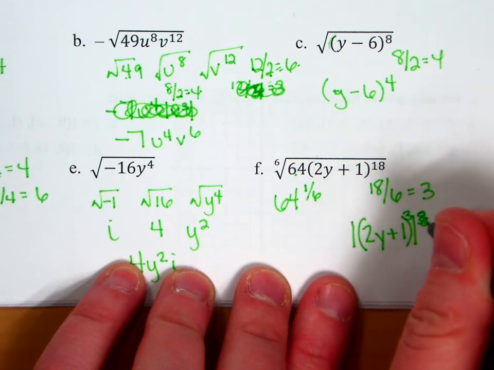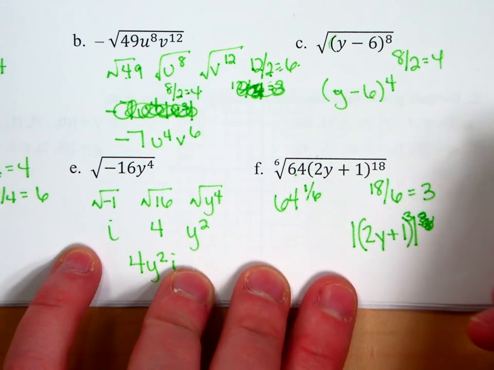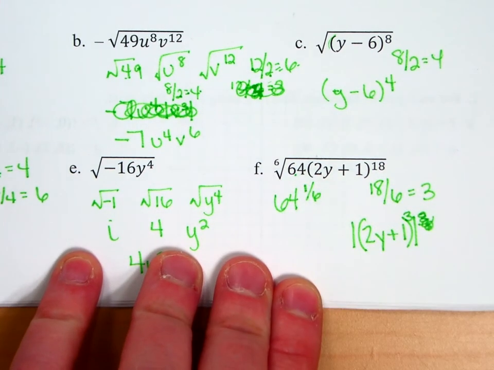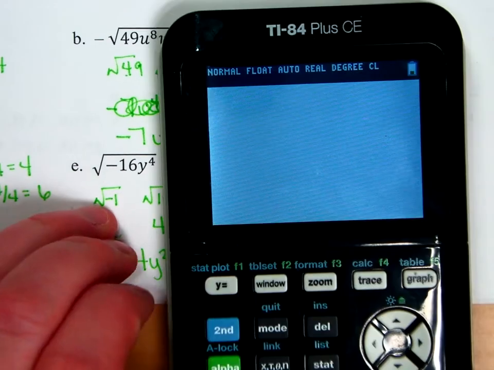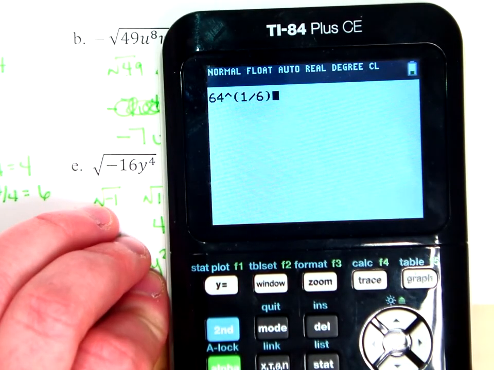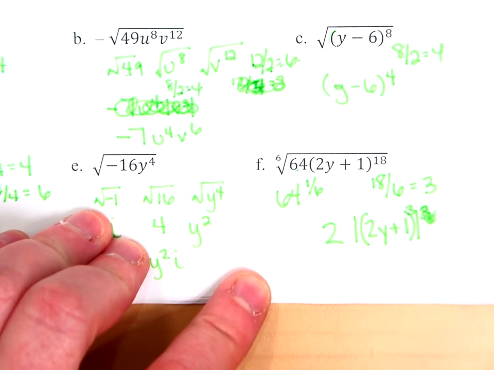Try that one again. My cube needs to be on the inside. And then 64 to the 6th root on my calculator. The quickest way to do that is you take 64, caret, parenthesis, 1 divided by 6, enter, and I get 2. So that would be 2.